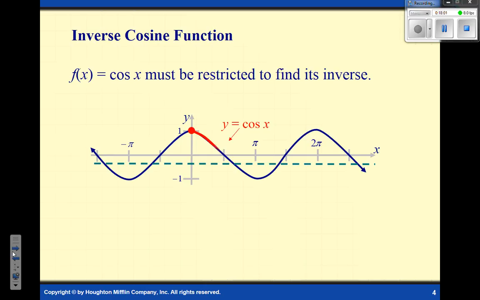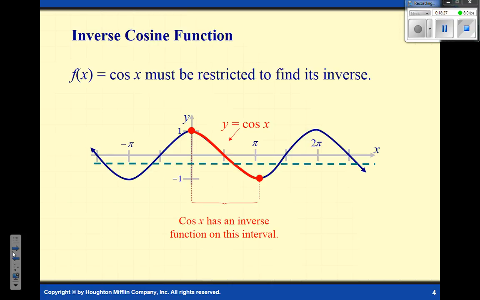That's exactly correct, between 0 and pi. If I just look at the values between 0 and pi, I now pass vertical and horizontal, and I have a 1-to-1 function. What you're doing, this calculus idea, is that you are setting limits.